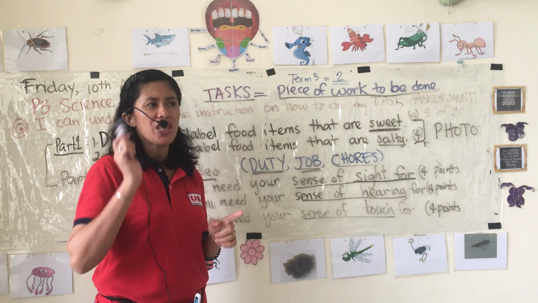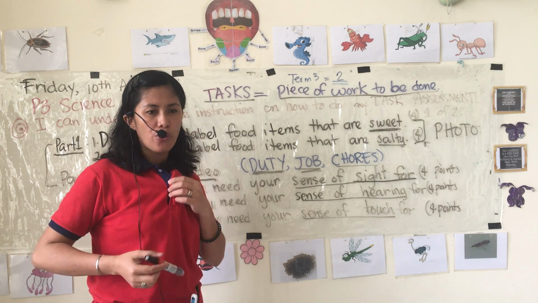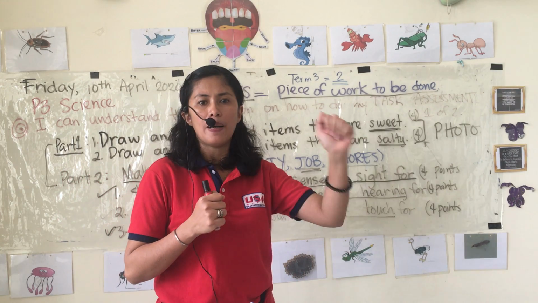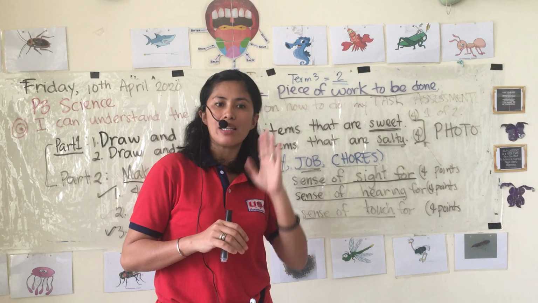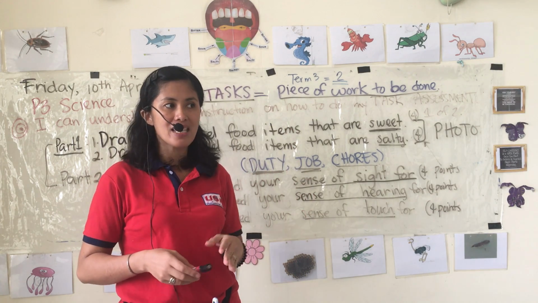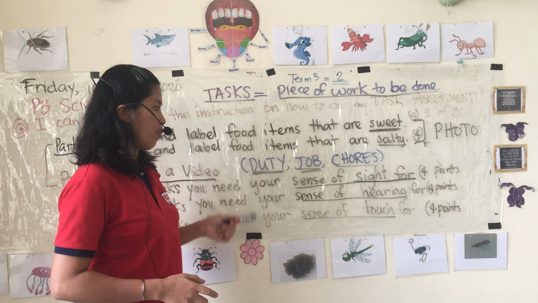So again, think of tasks, chores. There are many chores in the house: cleaning, sweeping, doing laundry, watching TV, listening to the radio. Those are tasks or obligations or activities that we do with those senses.